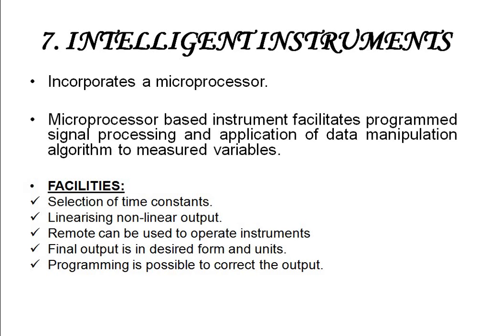So a part of the first unit is covered until this. We have seen what is a generalized measurement system, and we have seen the 6 major parts of it, and then an example of a filled thermal system. Then we have seen the units and standards: the fundamental units, supplementary units, and derived units. Then coming on with the standards, we have seen the 4 different types of standards: international, primary, secondary, working.